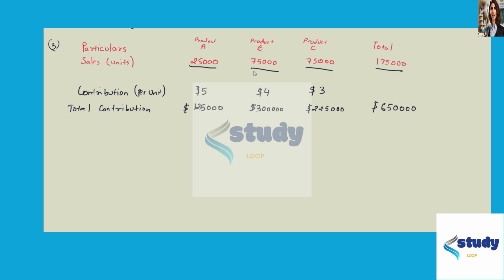And if we subtract fixed cost from this total contribution, and the fixed cost it is given as $351,000, then we will be having our operating income.